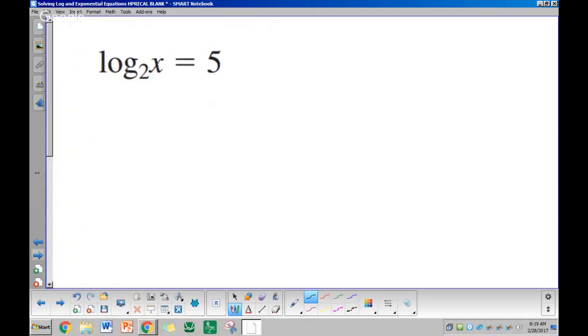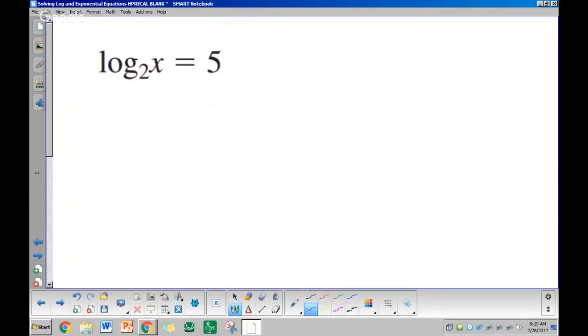All right. Another type of problem you might have is a log equal to a number, and the x is embedded in the argument. In order to free it, we have to do the inverse operation of taking a log, which is doing the exponential.